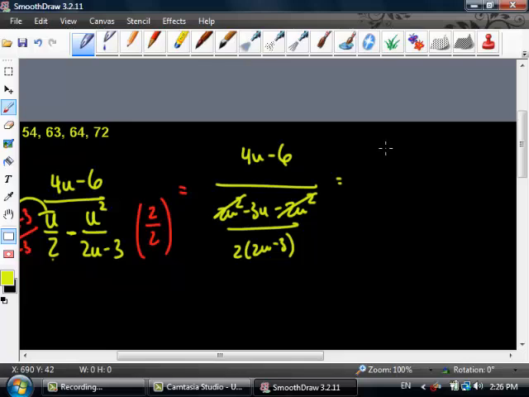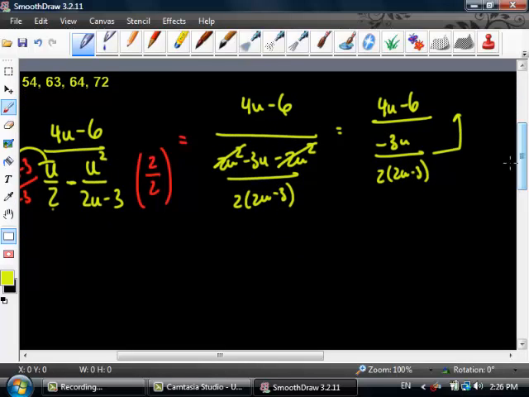And now what I've got is 4u minus 6 over negative 3u over 2 times 2u minus 3. What's going to happen is that this thing is going to parachute up to the top like this, and I get 4u minus 6 times, I'm also going to flip these. Danny, am I?